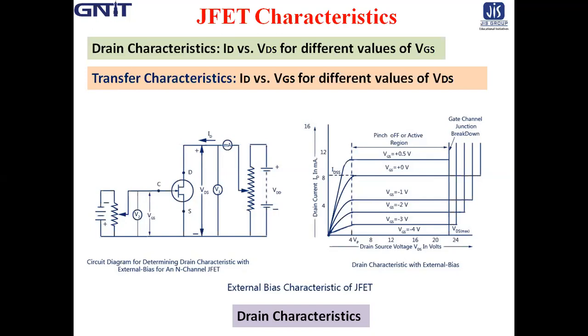The plot of drain current versus drain to source voltage for different values of gate to source voltage is known as drain characteristics. And what is transfer characteristics? The plot of drain current ID versus gate to source voltage VGS for different values of drain to source voltage VDS is known as transfer characteristics.